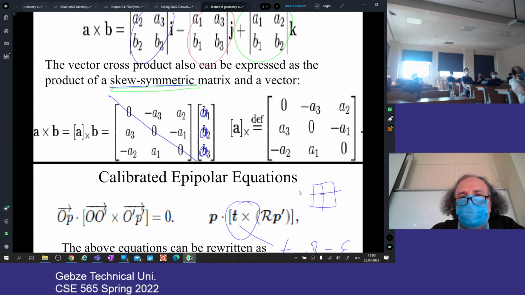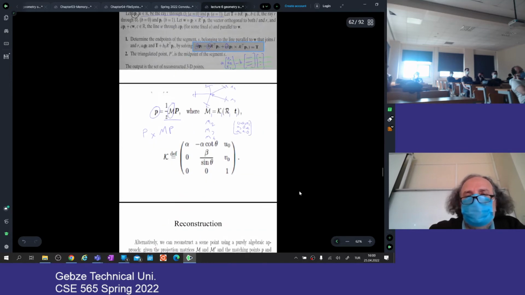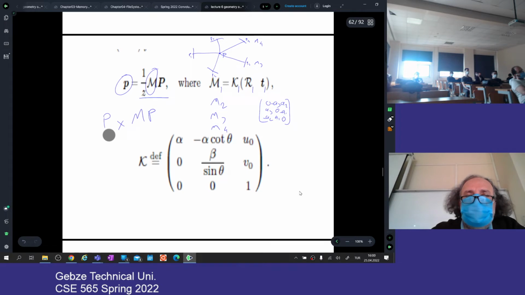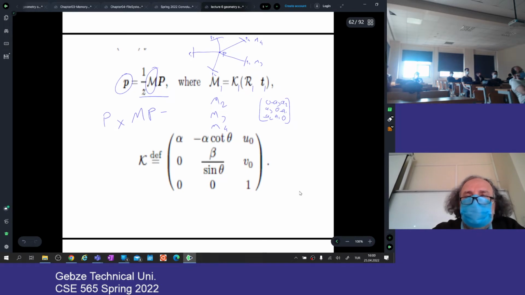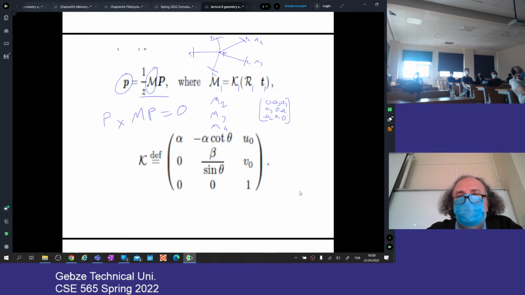It's 0. A3 A1, A3 A1, they will cancel each other. So the answer is 0, 0, 0, right? If you cross product something with itself, the answer will be 0. So if I cross product this with MP, I will get 0. So that's nice.